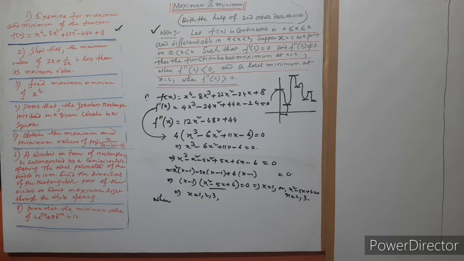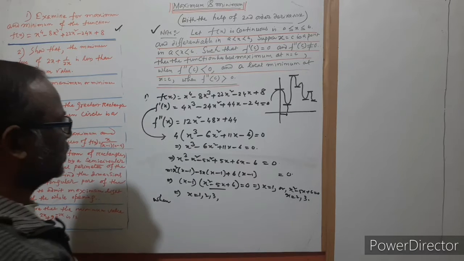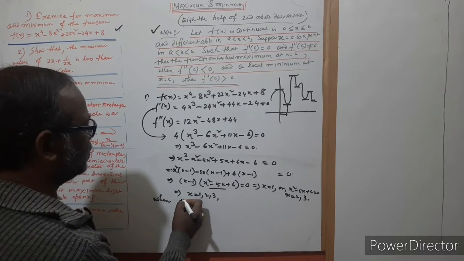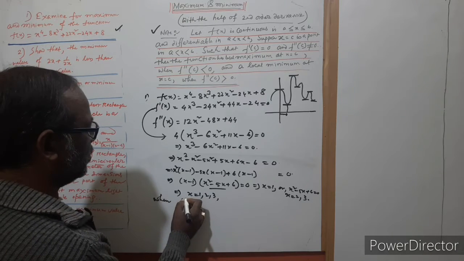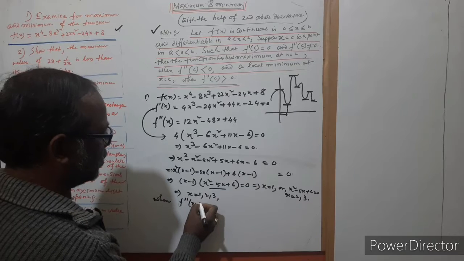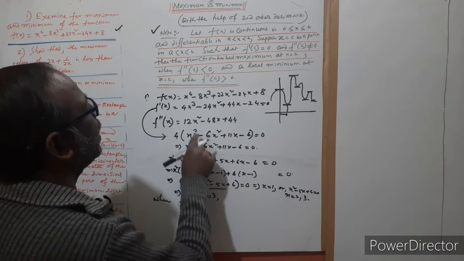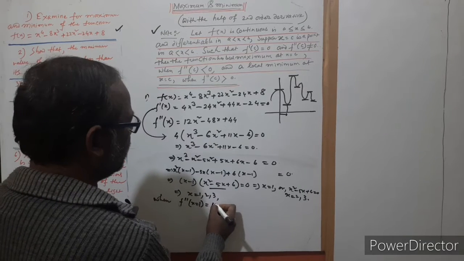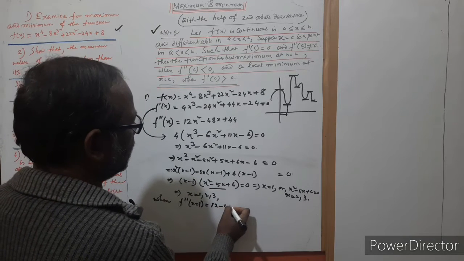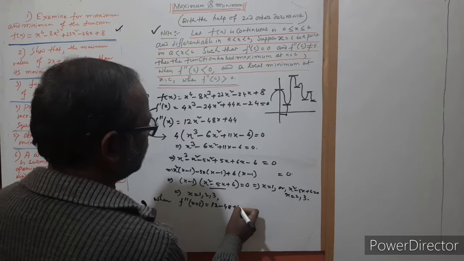Now I explain for the maximum and minimum. Now this is f double dash, put x equal to 1, and the solution is 12 minus 48 plus 44.